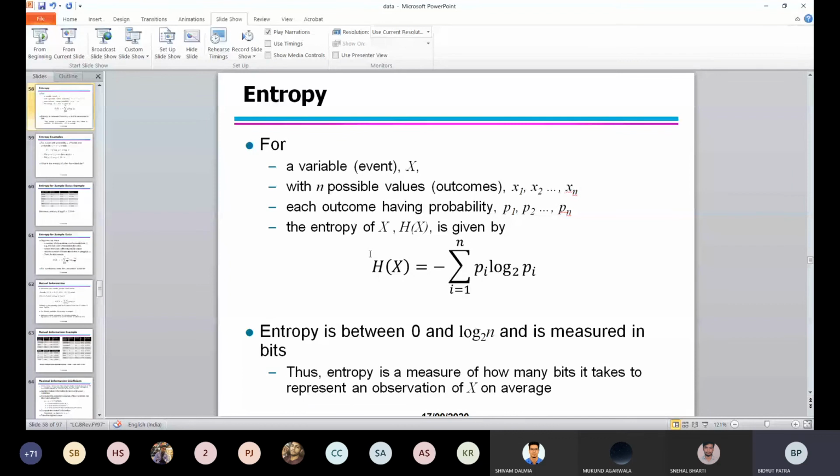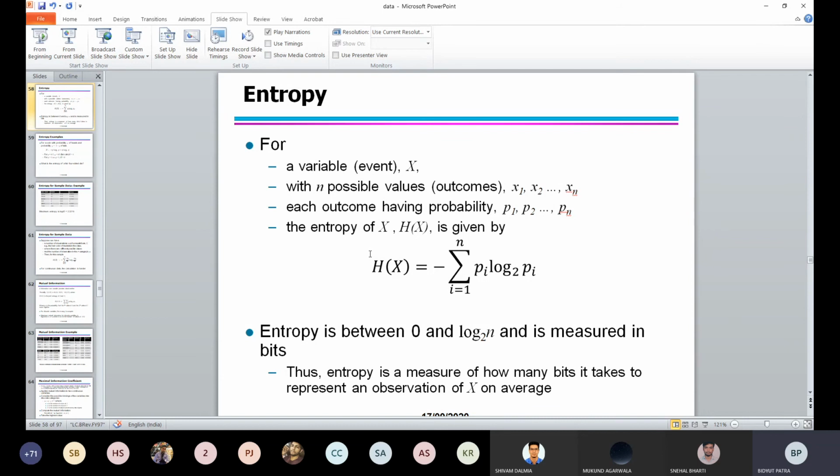Those are the outcomes of that event or attribute, and each outcome has a probability. What is the possibility that eye color will be green for a human being? That probability is 0, which means it has less information.